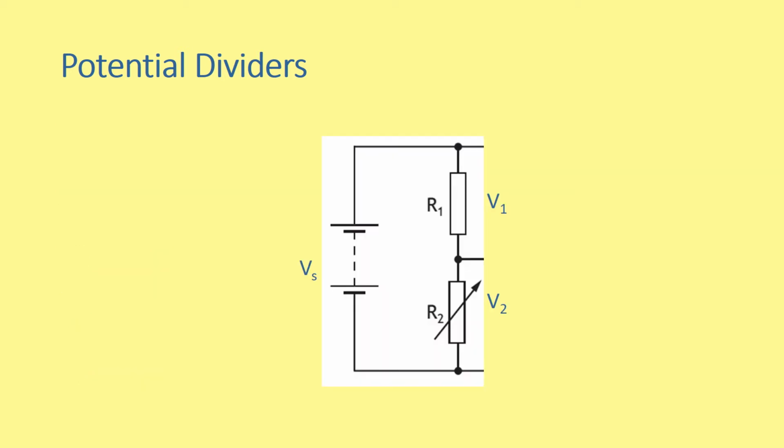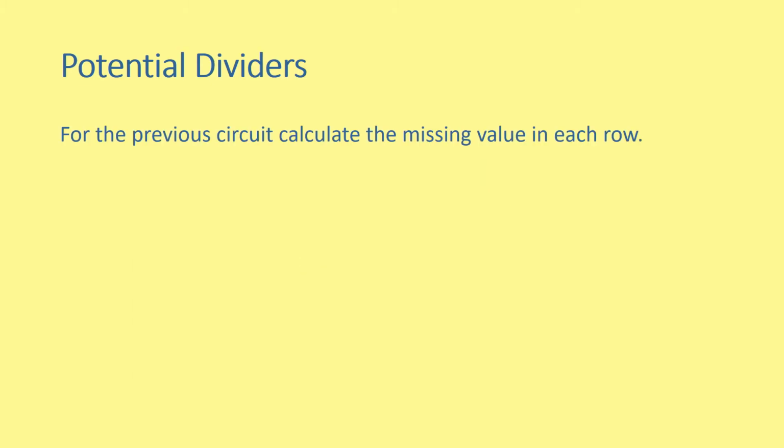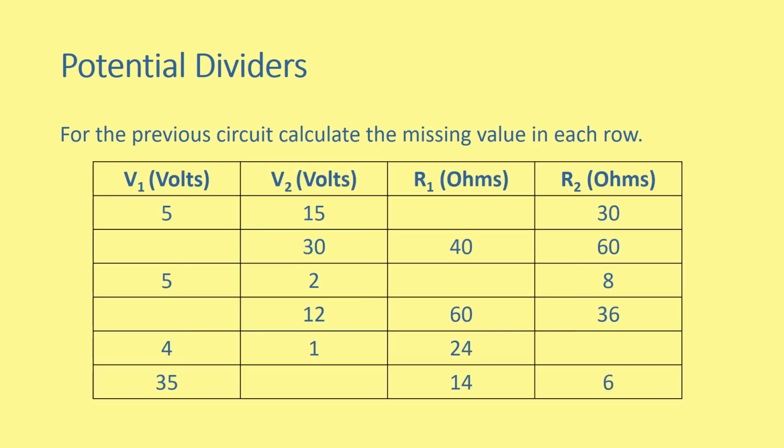We're going to be doing some practice calculations, and they're all based around this circuit, where I have a supply, R1 and R2 with potentials V1 and V2 across them. For the previous circuit, you're asked to calculate the missing values in each row. I have V1, V2, R1, and I need to find R2 here.